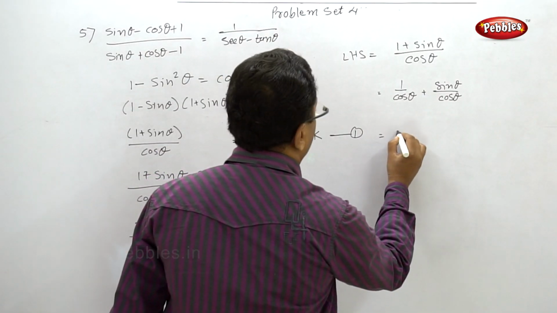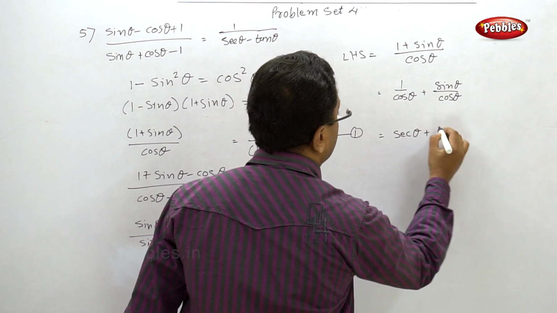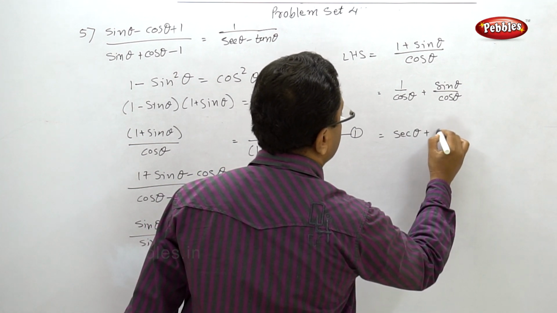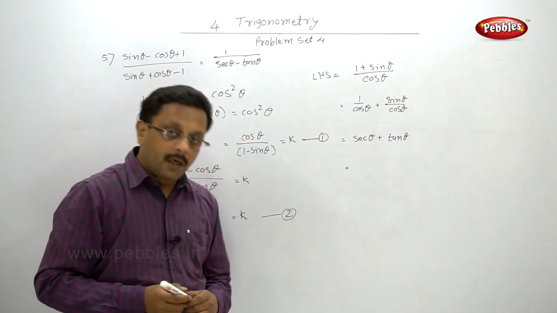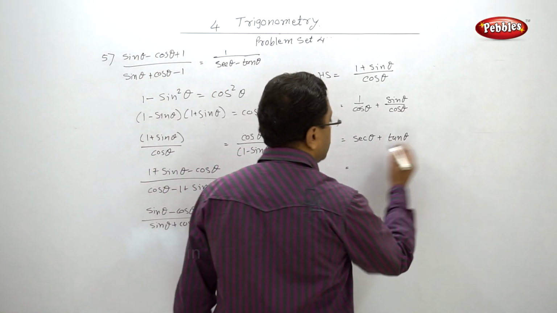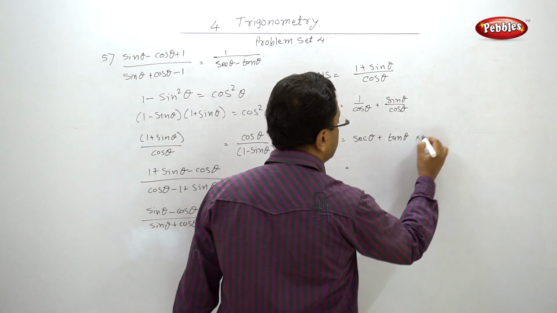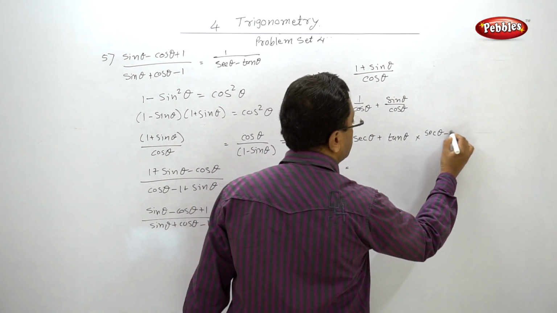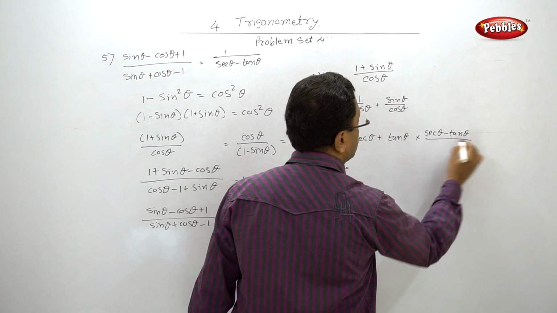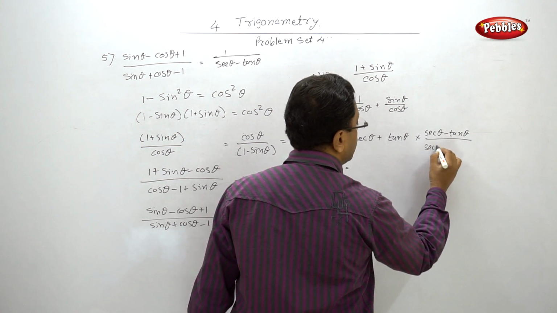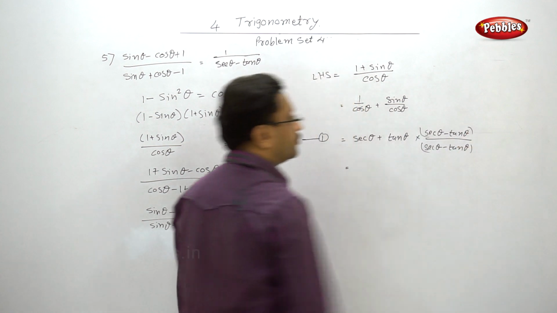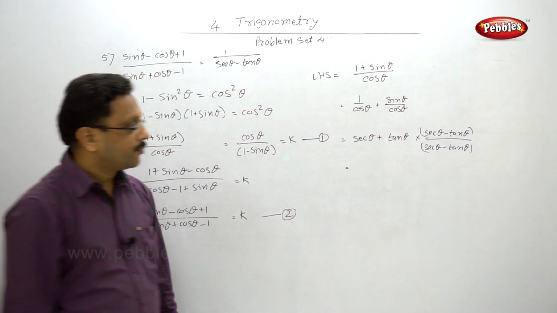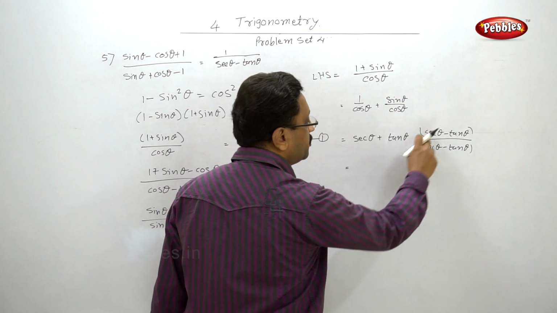That is my sec theta plus tan theta. Now I will rationalize. That means I will multiply this by sec theta minus tan theta and divide by sec theta minus tan theta. Okay? So here a plus b, a minus b.